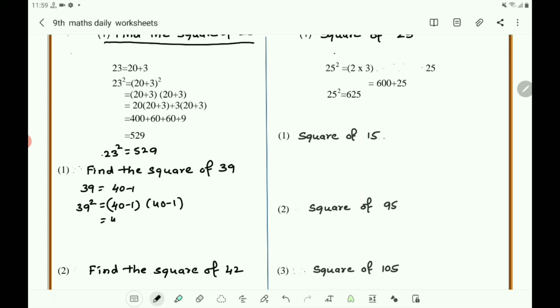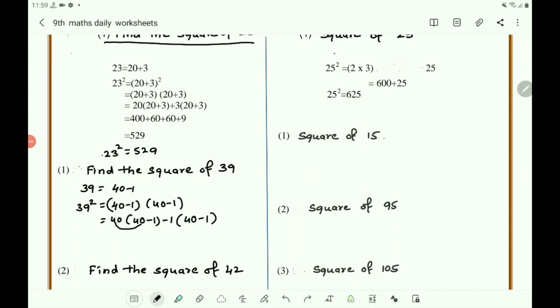Then that equals 40 into 40 minus 1, and minus 1 into 40 minus 1, because you can write 39 as 30 plus 9, but 40 minus 1 becomes easy for you.